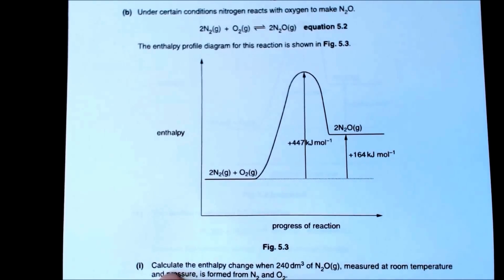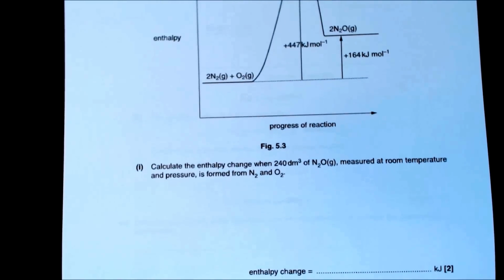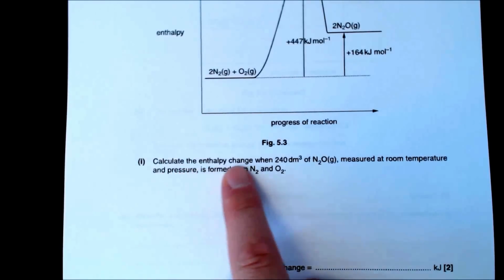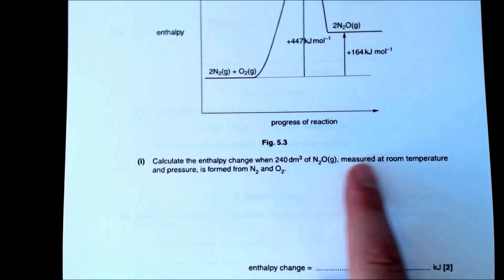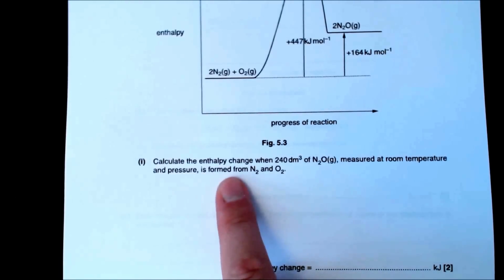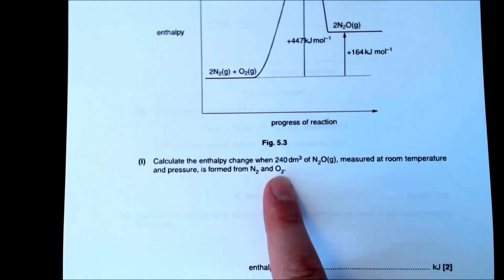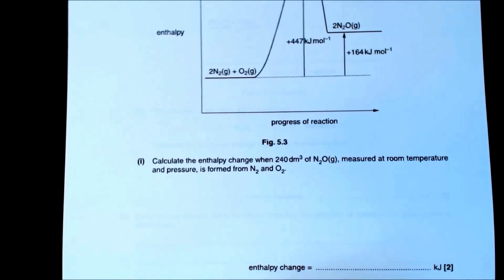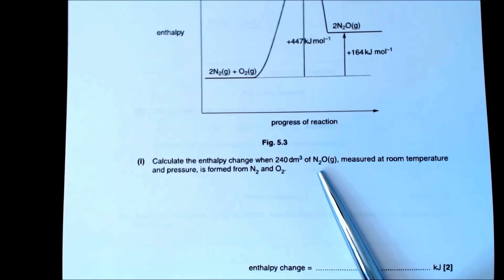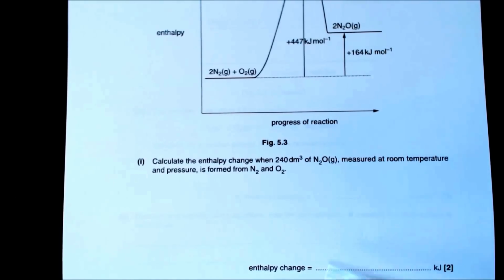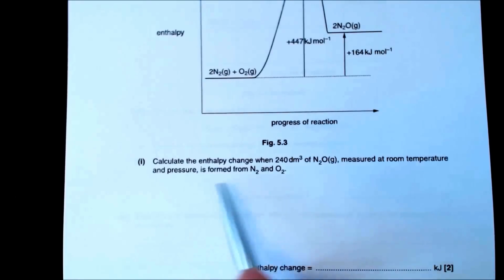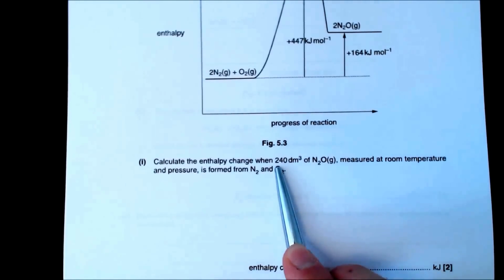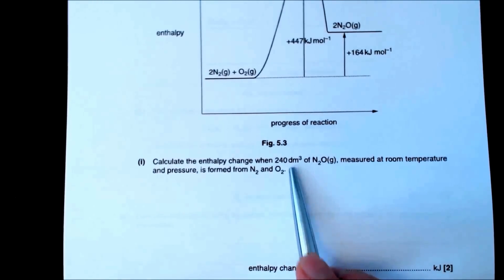So it's calculate the enthalpy change when 240 decimeters cubed of N2O measured at room temperature and pressure is formed from N2 and O2. Right, so the first thing we need to do is work out the number of moles of N2O. Any gas at room temperature and pressure, 1 mole of any gas, will occupy 24 decimeters cubed.